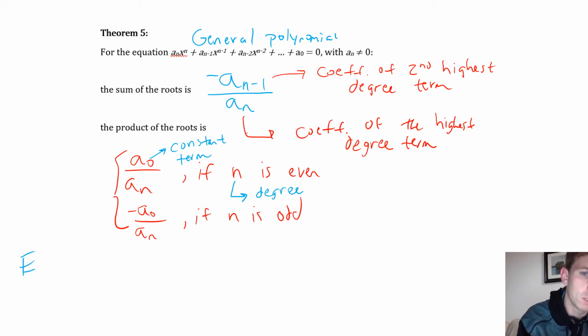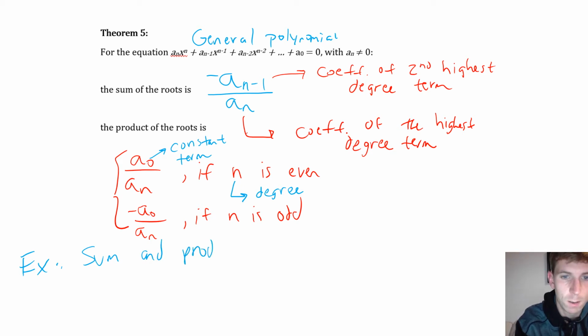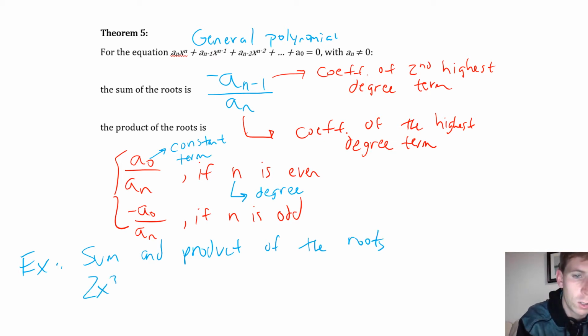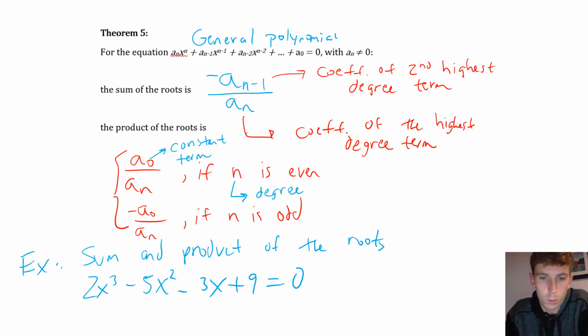So a quick example of using this here. Let's say we want to know the sum and product of the roots for 2x cubed minus 5x squared minus 3x plus 9. So I'm just going to use that theorem right up there. So let's get the sum first.